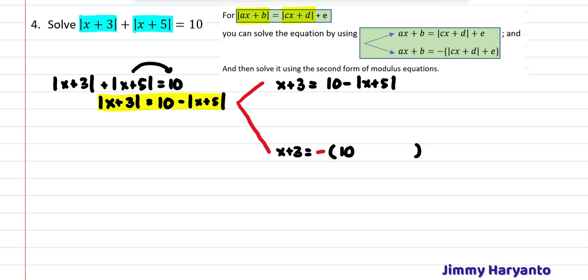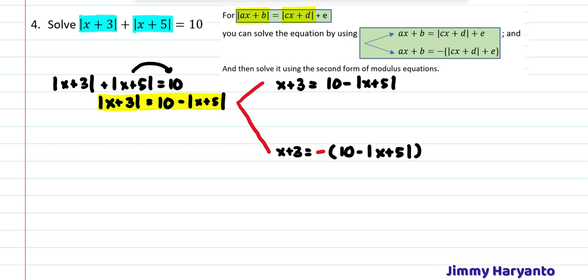It will always be like that: minus modulus of x plus 5. Please notice that the modulus on the left hand side is the only one that is gone. The modulus on the right hand side is still there. You cannot remove both of them for this type of equation.